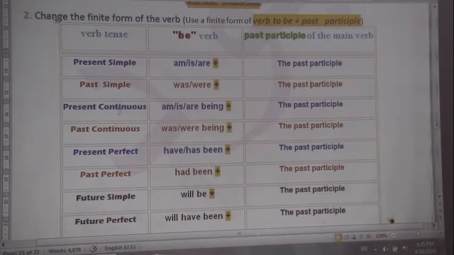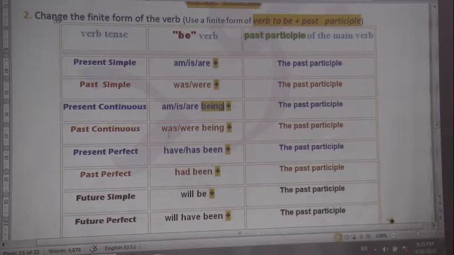Now present continuous: am, is, are, being. Pay attention, am, is, are, being, don't forget. So if in the introductory sentence in the active we have ing, in this case we always use being. So present continuous is am, is, are, being plus the past participle.